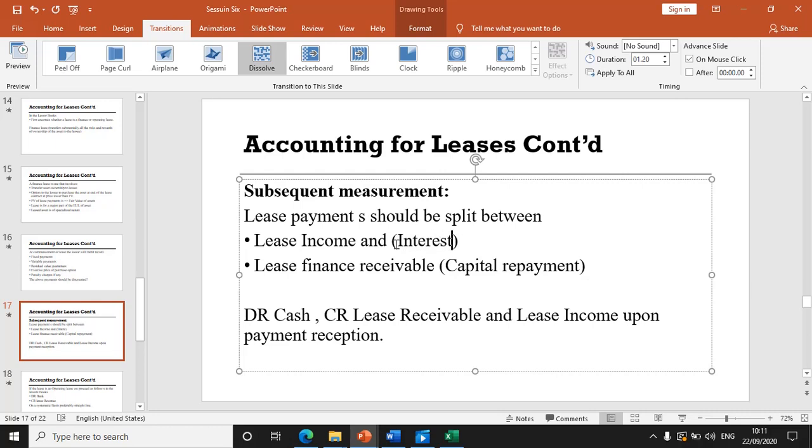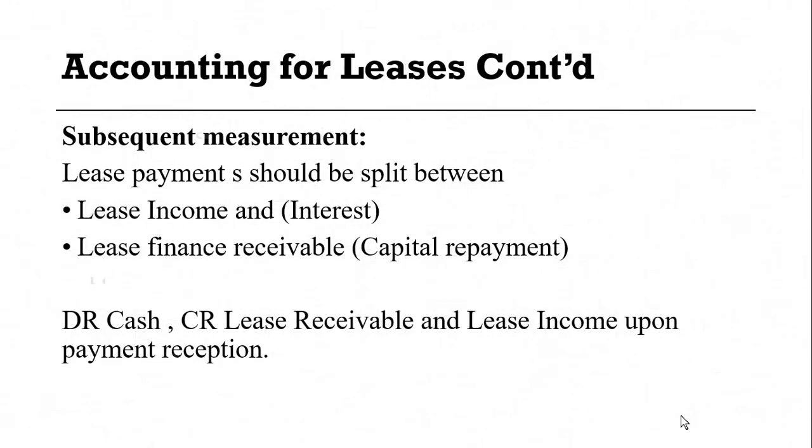Okay, so please, the journal is there to be seen. Whenever we receive payment as legal owners of the asset, we debit cash with the full amount received, credit lease receivable to reduce how much the customer owes us, and then credit lease income to recognize income, the return on the assets. I hope that you can see that.